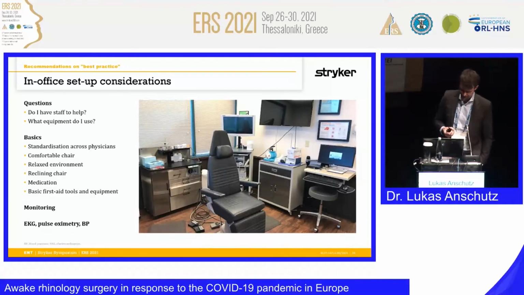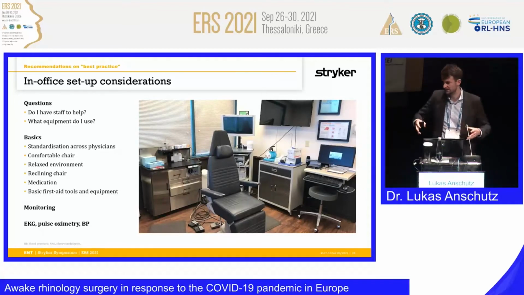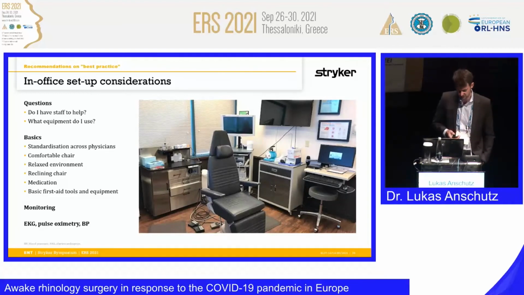And of course, the chair needs to be very comfortable, or if you have a bed, I think it would be optimal if you have enough space in your office. It needs to be relaxing. As I said before, psychology is very, very important, and then you can start up with this kind of surgery.